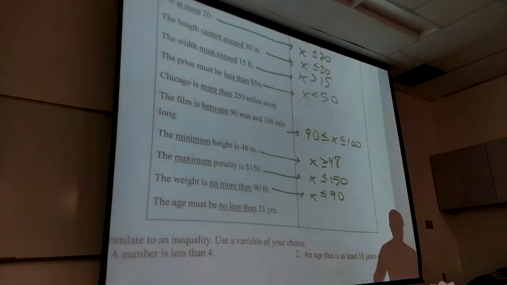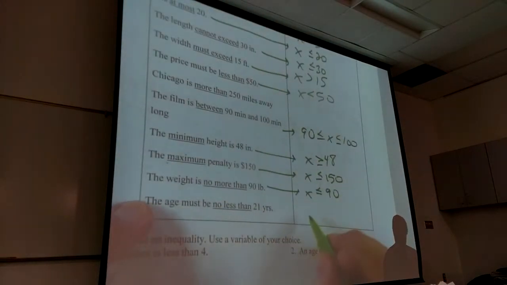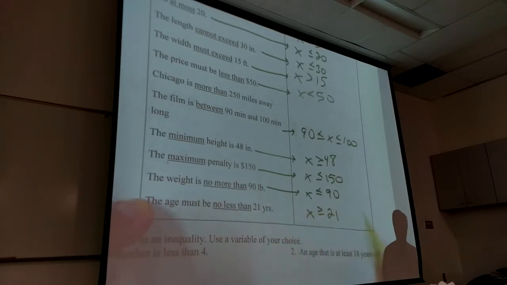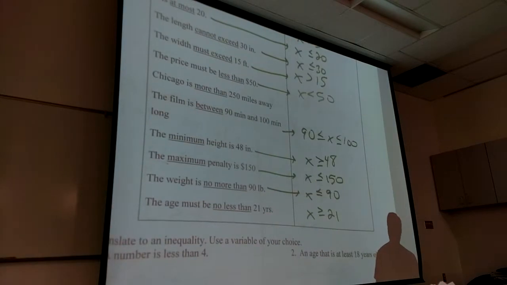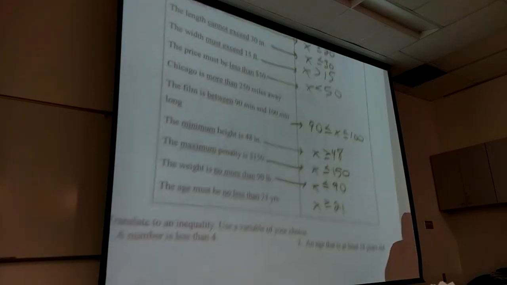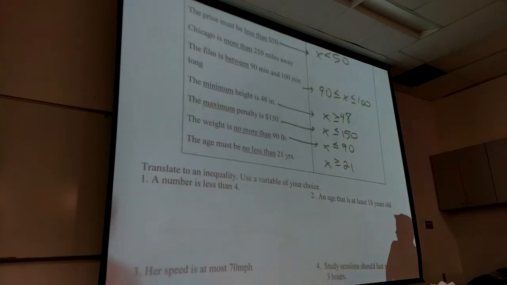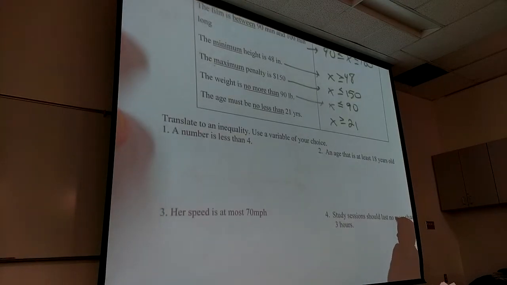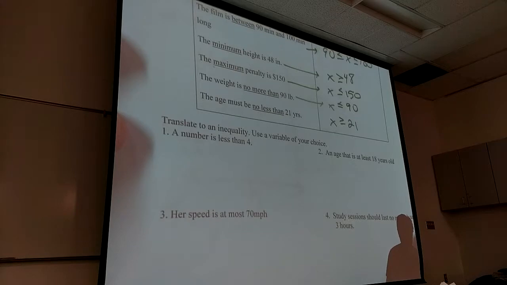What would that be? The age must be no less than 21 years. Greater than or equal to. Sorry, I don't know how old you are, but maybe you wish. All right, are you guys with that?